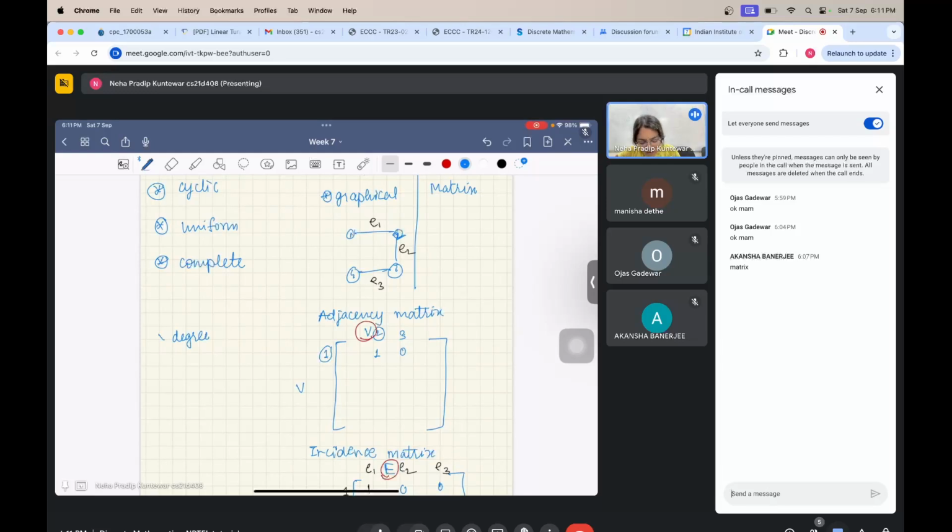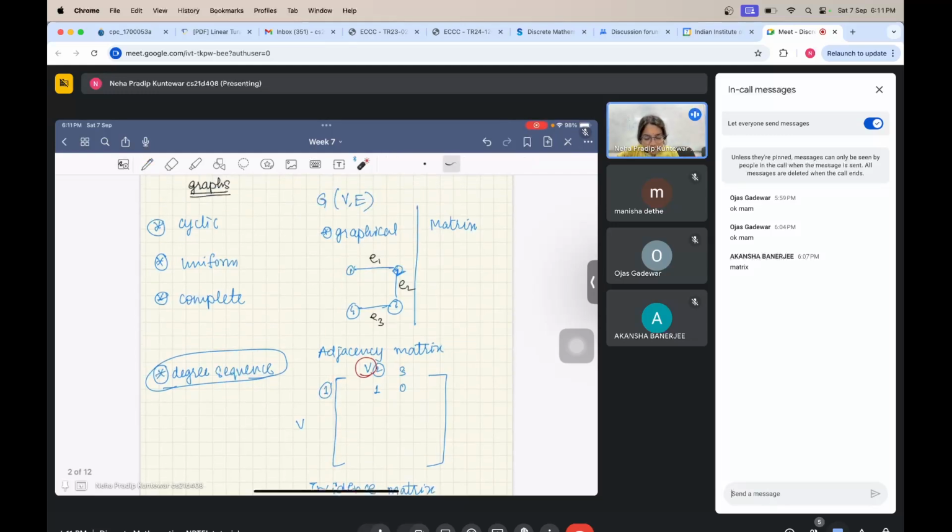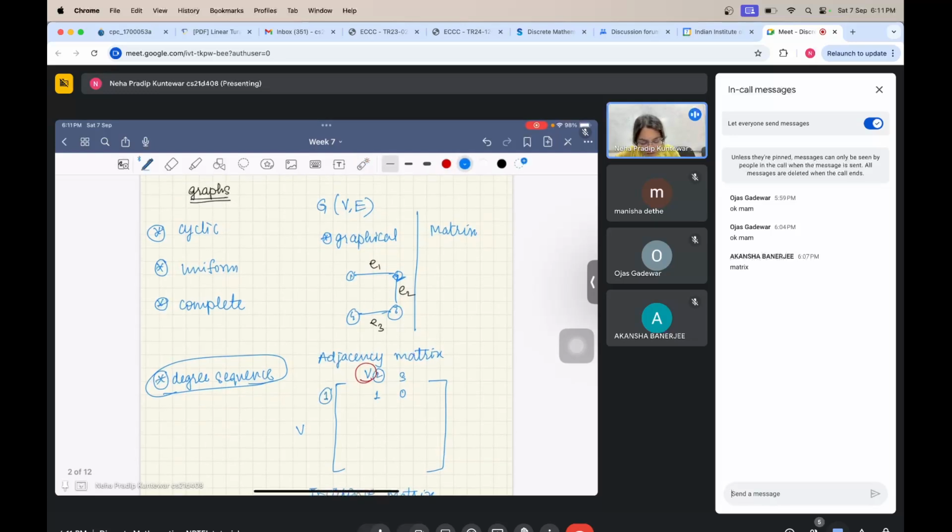Whether you know this or not, for now don't worry, we will define this when we come to it. It is slightly different from the three representations that we saw, but we'll cross that bridge when we come to it. So for now I just want to define some basic definitions of certain kinds of graphs.